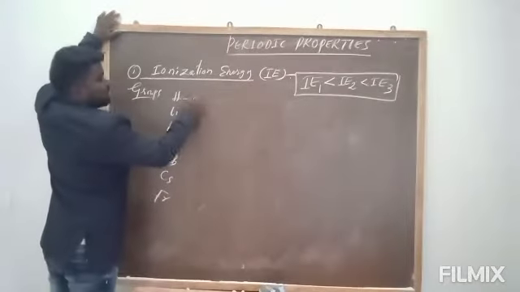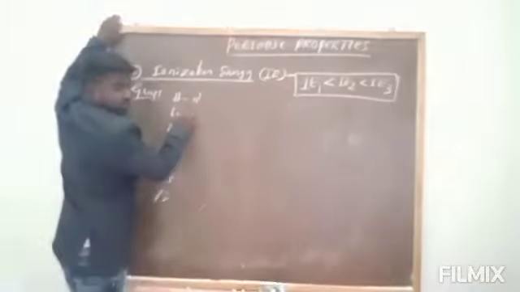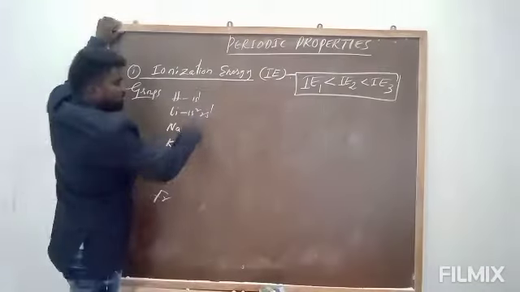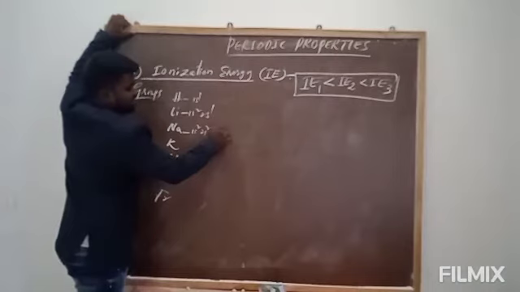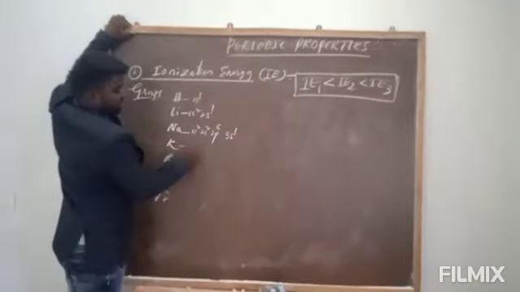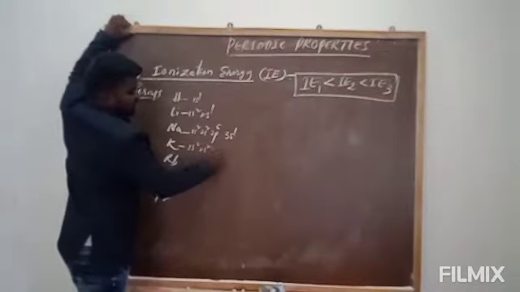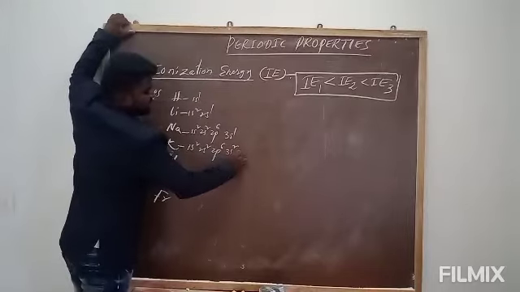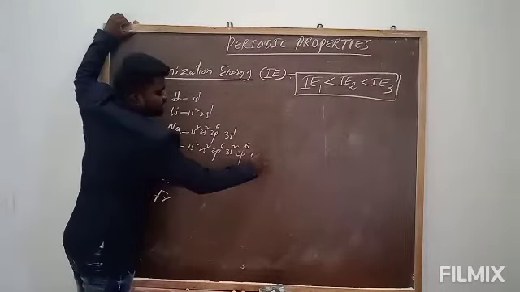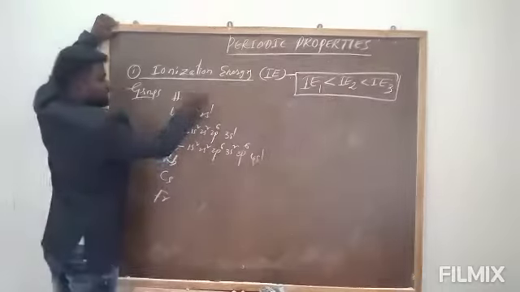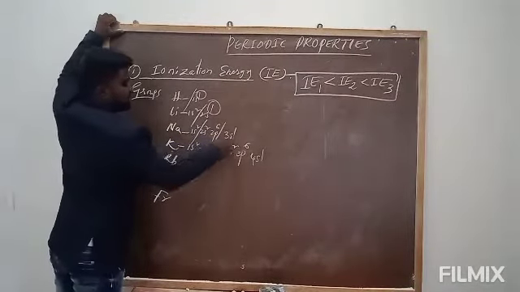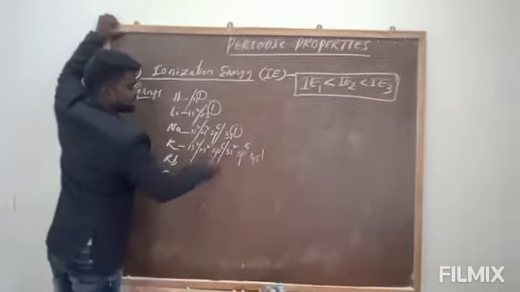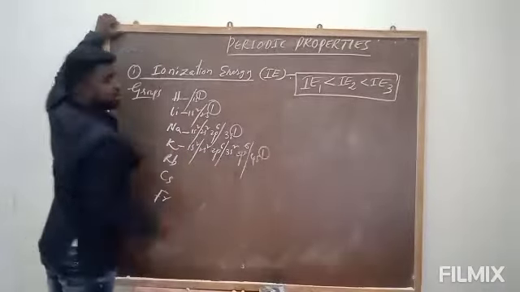Hydrogen 1s1, lithium 1s2 2s1, sodium 1s2 2s2 2p6 3s1, potassium 1s2 2s2 2p6 3s2 3p6 4s1. Here we are removing one electron, here also one electron, here also one electron, and in this case also only one electron.